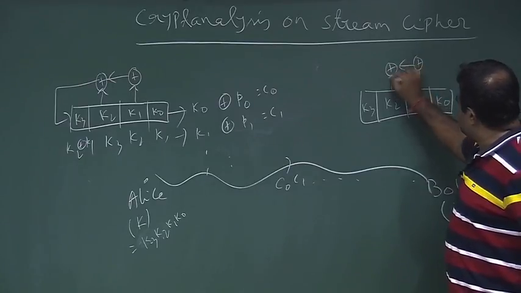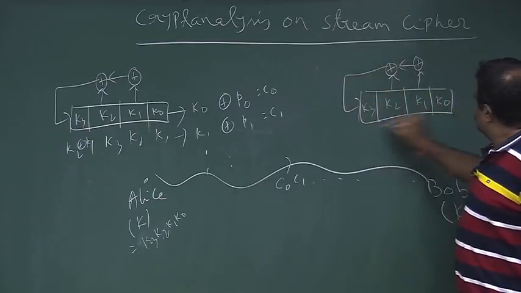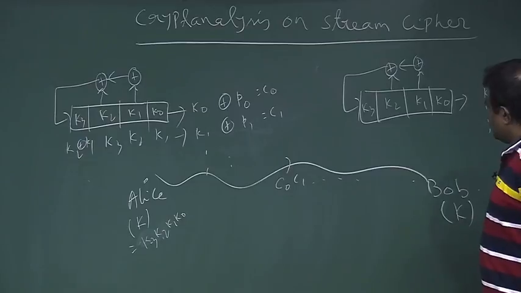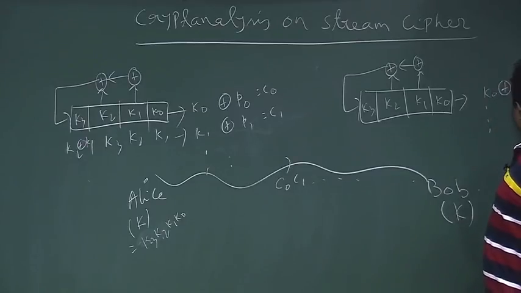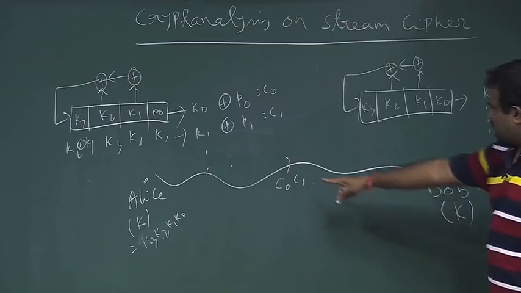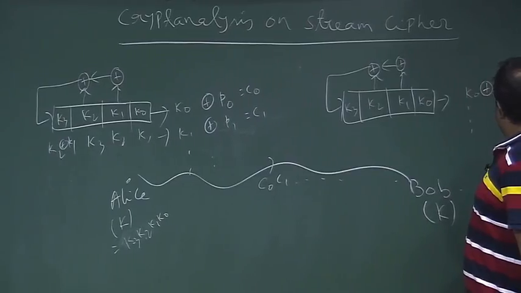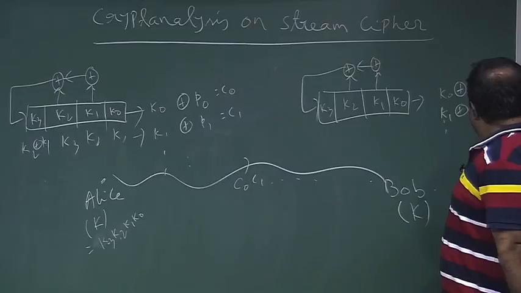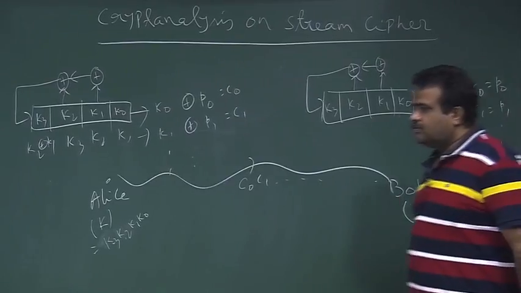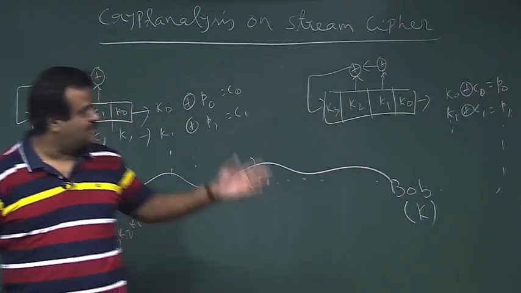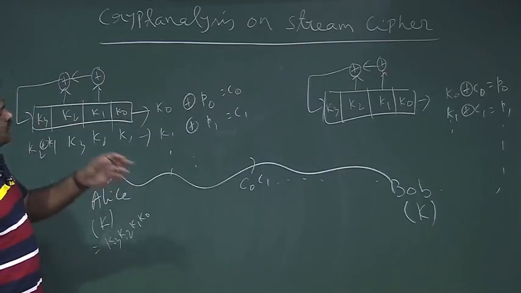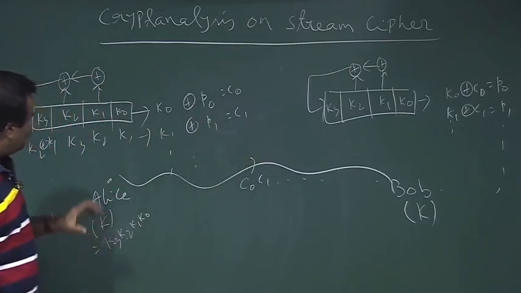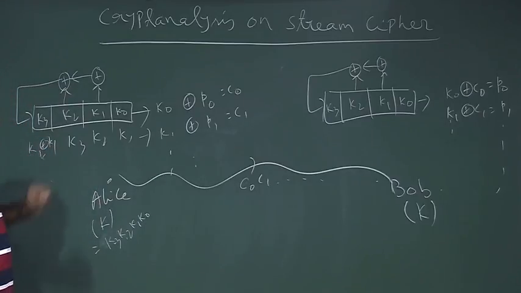Bob will generate the same key stream bits K0, K1, and XOR them with the received C0, C1, and get back the plaintext bits. This is the decryption done by Bob, and the encryption is done by Alice.